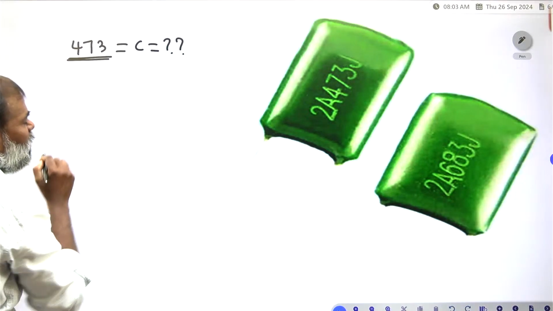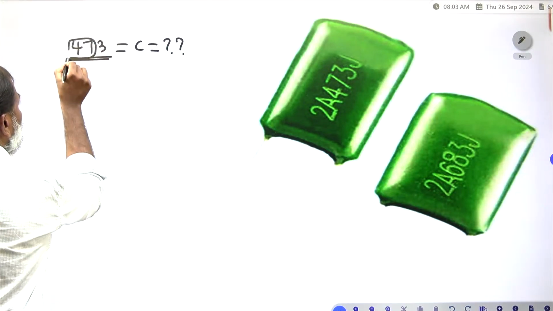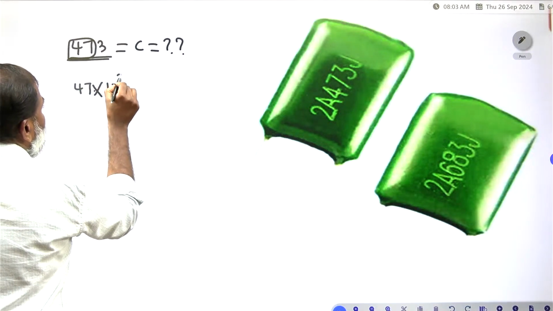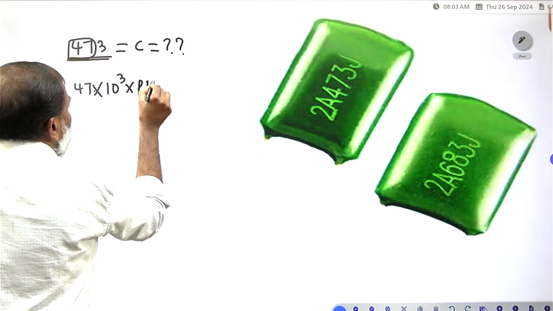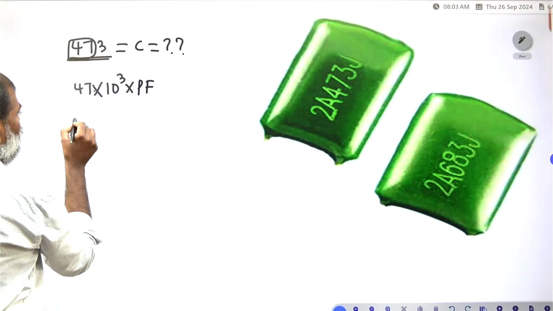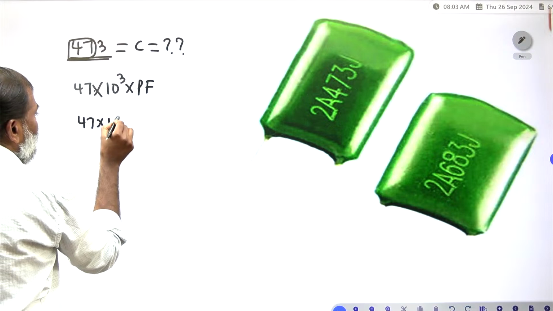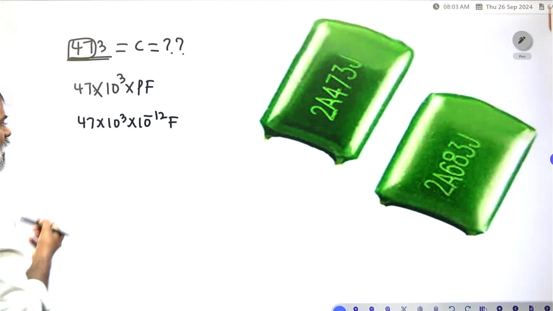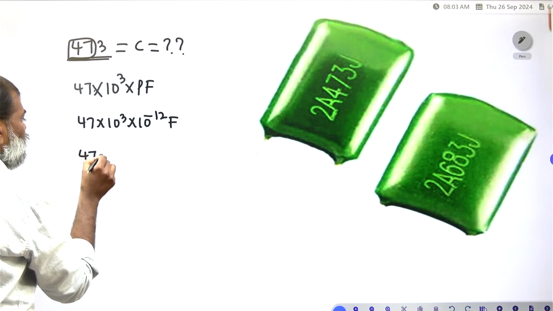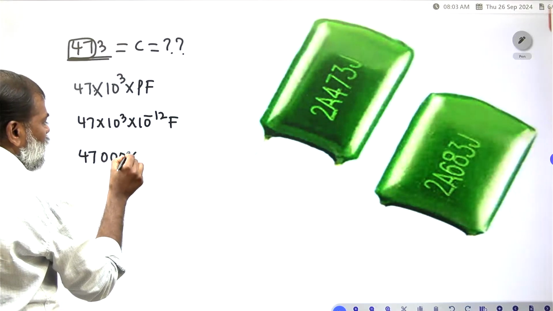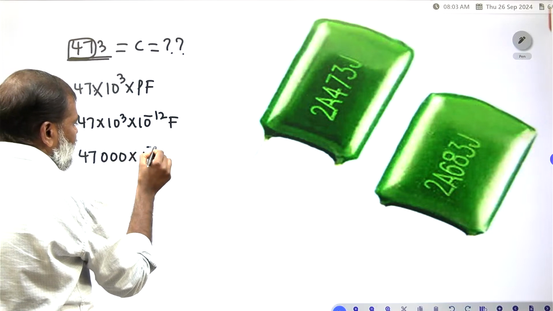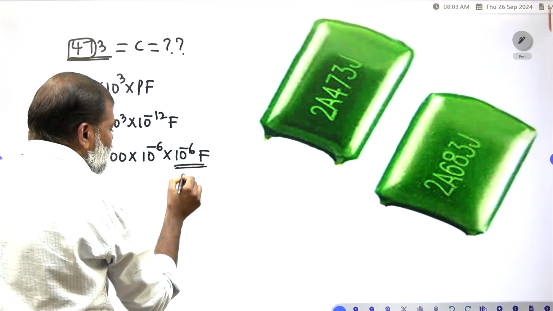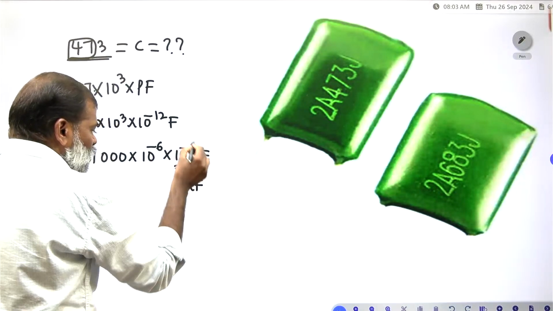First you write the two digits, 47, into 10 to the power of 3 multiplier, into picofarad. 47 into 10 cube into picofarad, with picofarad equal to 10 to the power of minus 12 farads, correct? 47 into 10 cube, 3 zeros, into 10 to the power of minus 12 means 10 to the power of minus 6 farads, so microfarad.